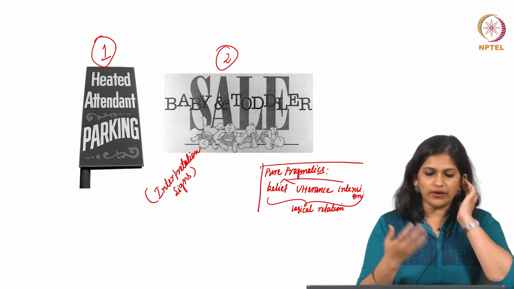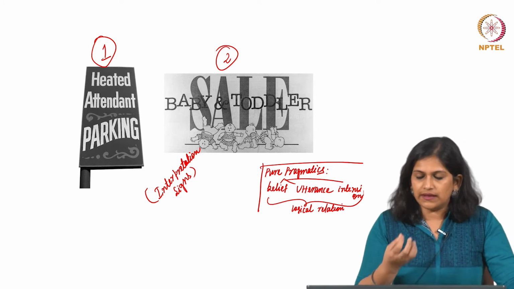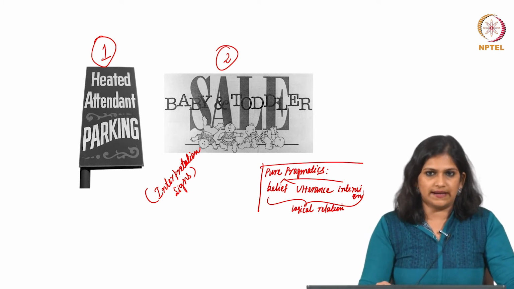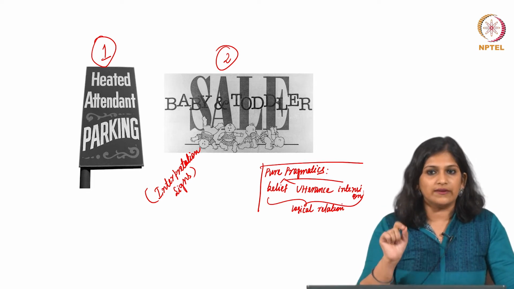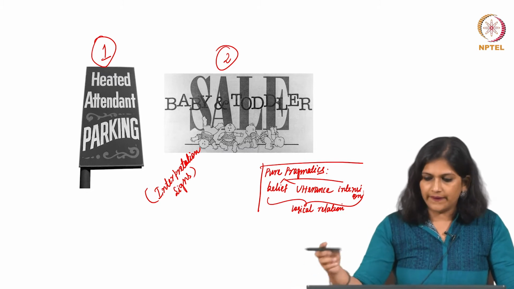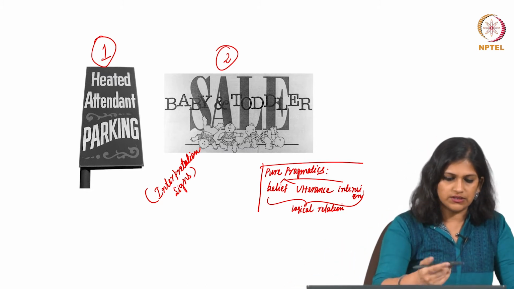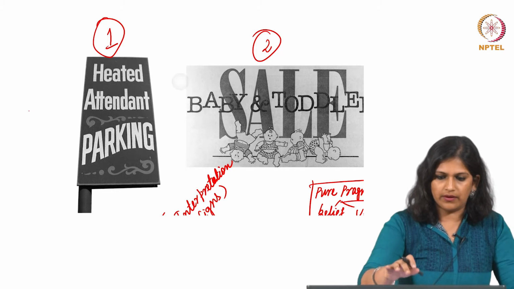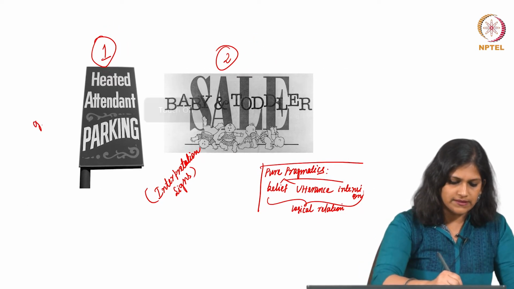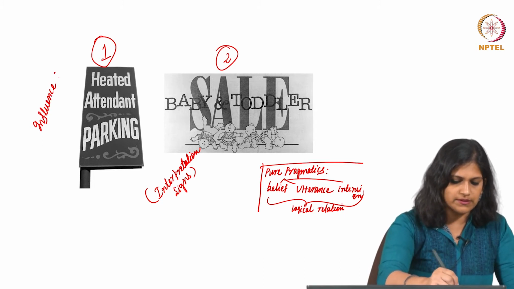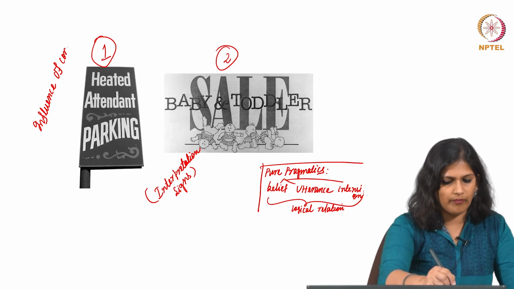So, what is the need of bringing in examples like that? Bringing in these examples, we emphasized the influence of context. Okay. So, this is what you need to remember, that the influence of context is very important in pragmatics.